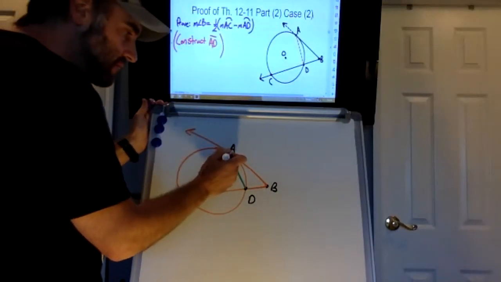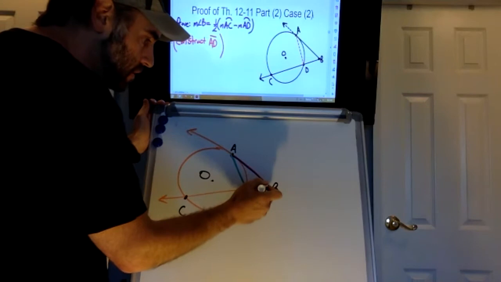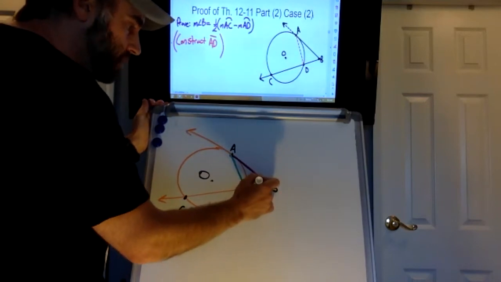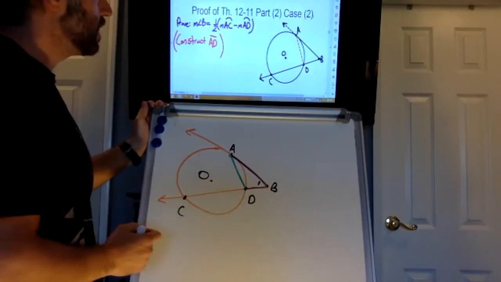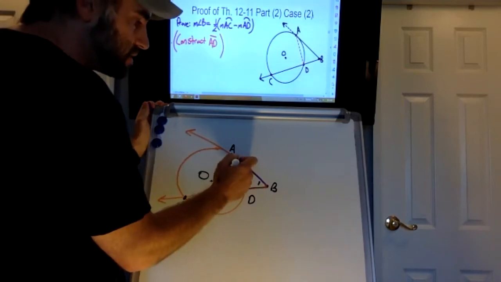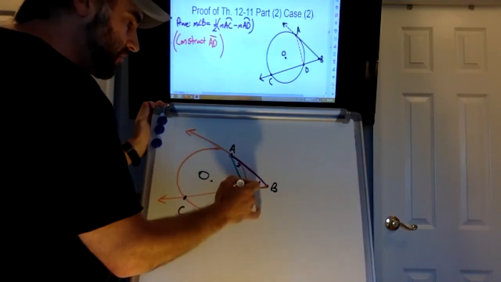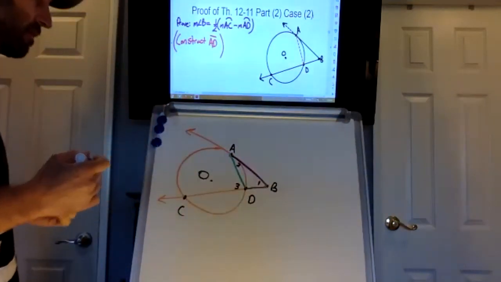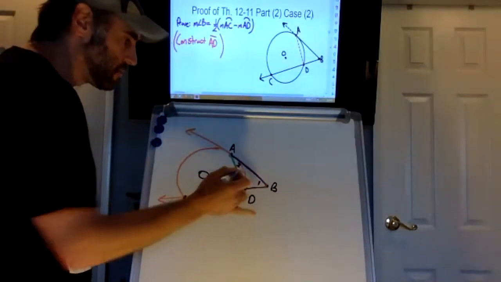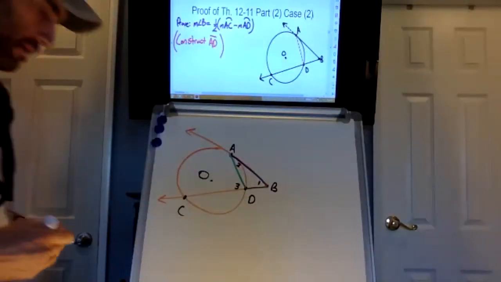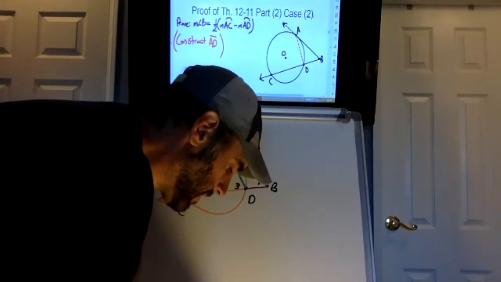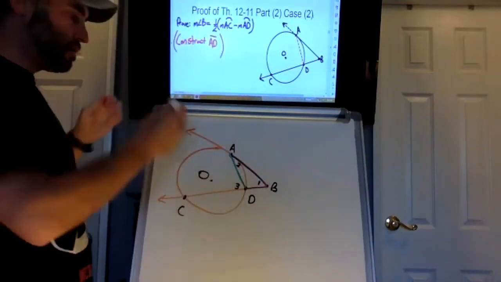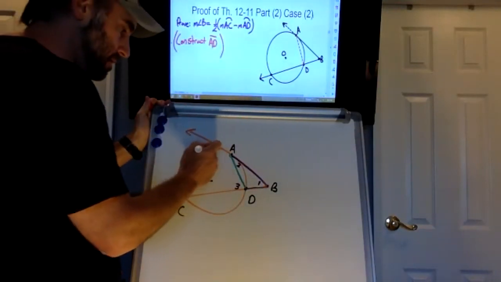So I want you to focus. There's angle 1. Okay, let's do angle 2, this one, and angle 3, that one. Let's mark our intercepted arcs. I'll do the bigger one in red.